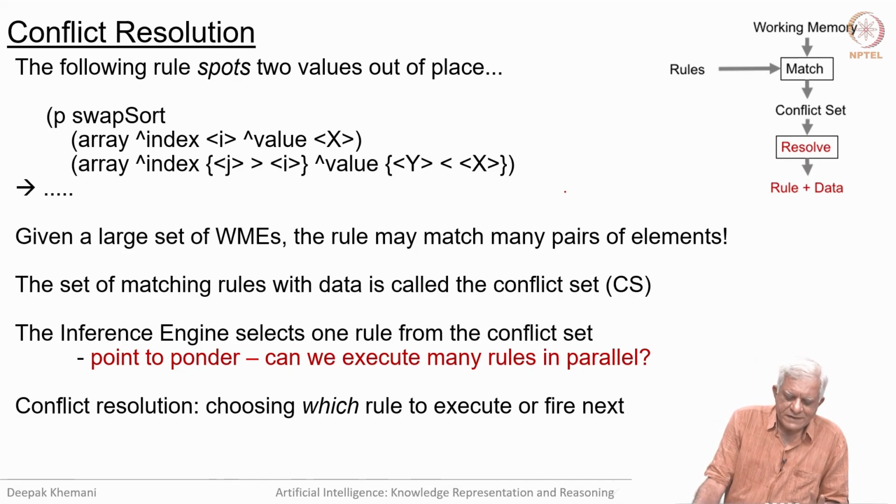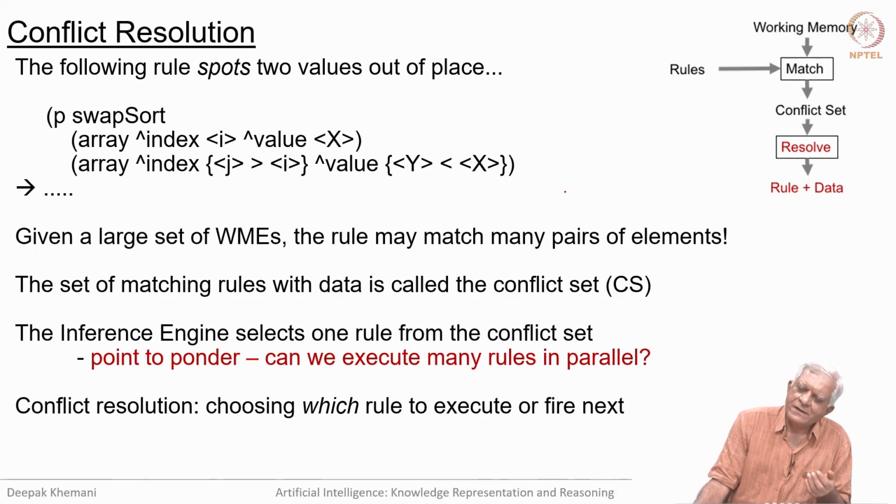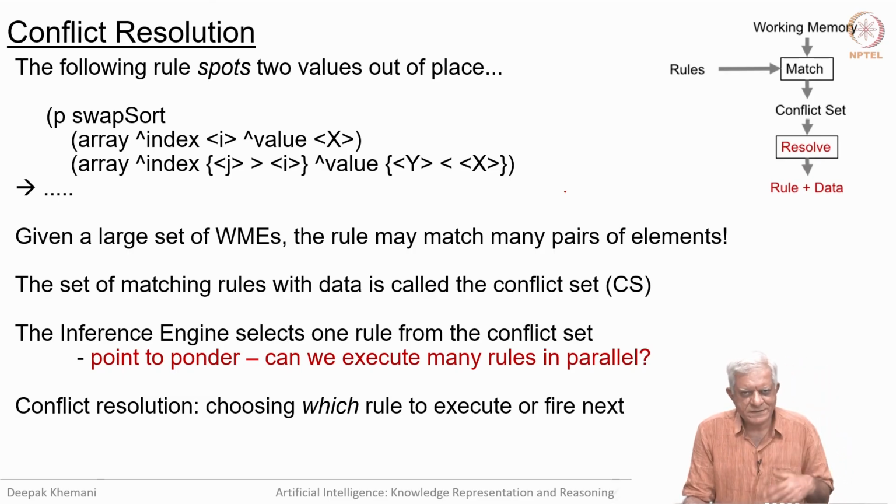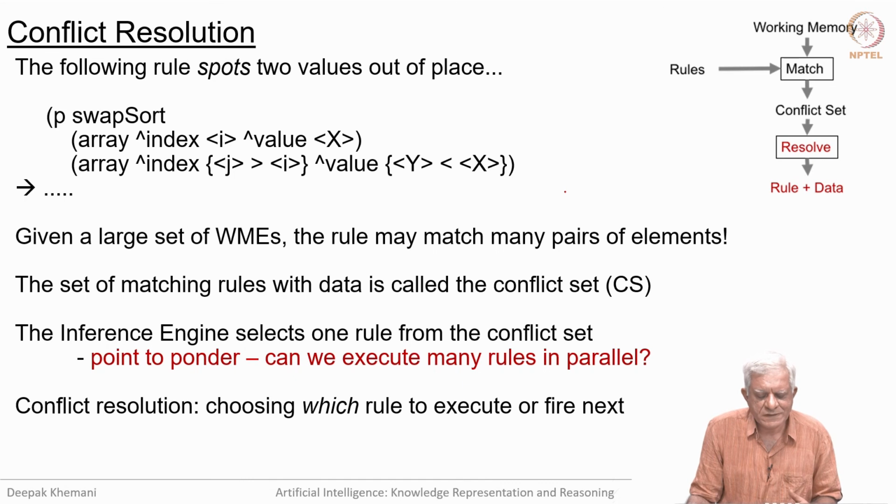The inference engine selects one rule from the conflict set and executes it. Now, this is a point you can think about if you are going to implement a rule based system in the future. Nowadays we have multi-threaded machines, and a lot of concurrency and parallelism can be built into programs.